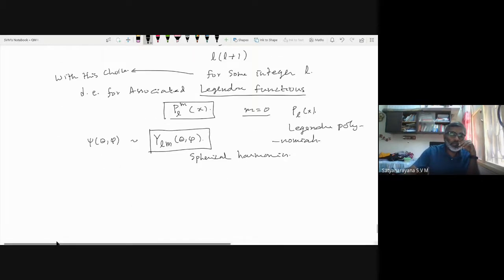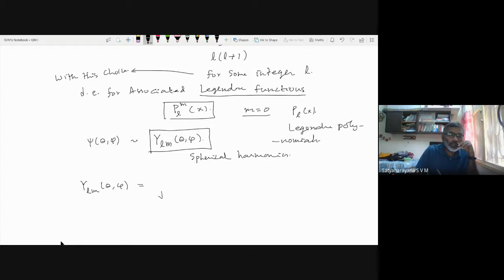Okay, so you must have seen that the spherical harmonics can be written in terms of Ylm of theta phi. This is very, very important because it comes in electrodynamics, it comes in many, many spherically symmetric problems.